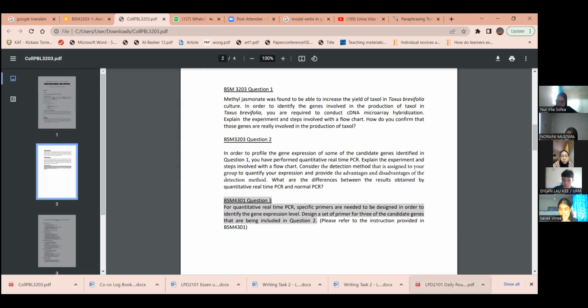Okay, how about this? For question 1, we can divide it into 2 tasks, so 2 persons. And then question number 2, we can divide it into 3.